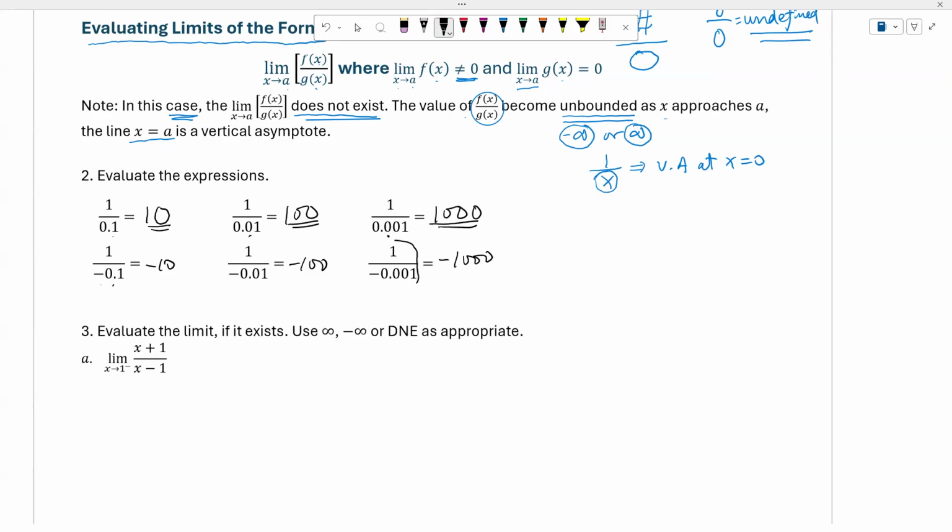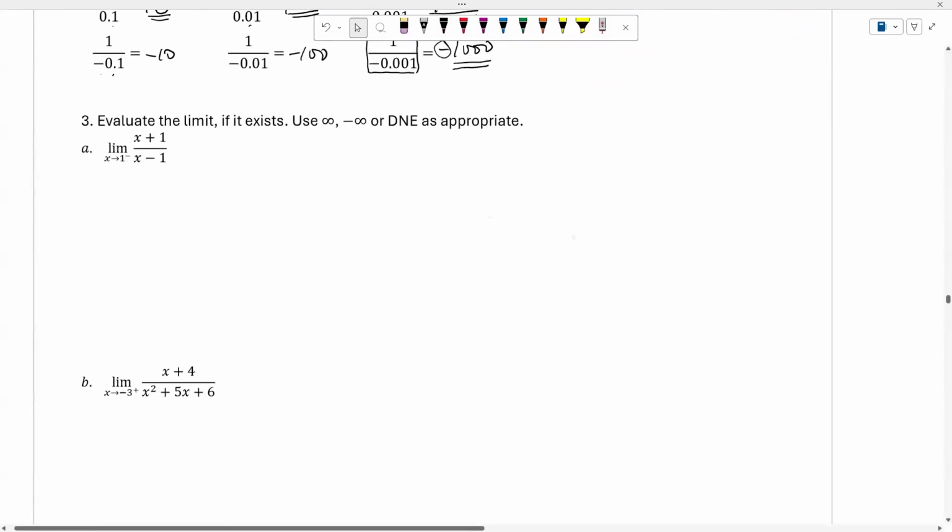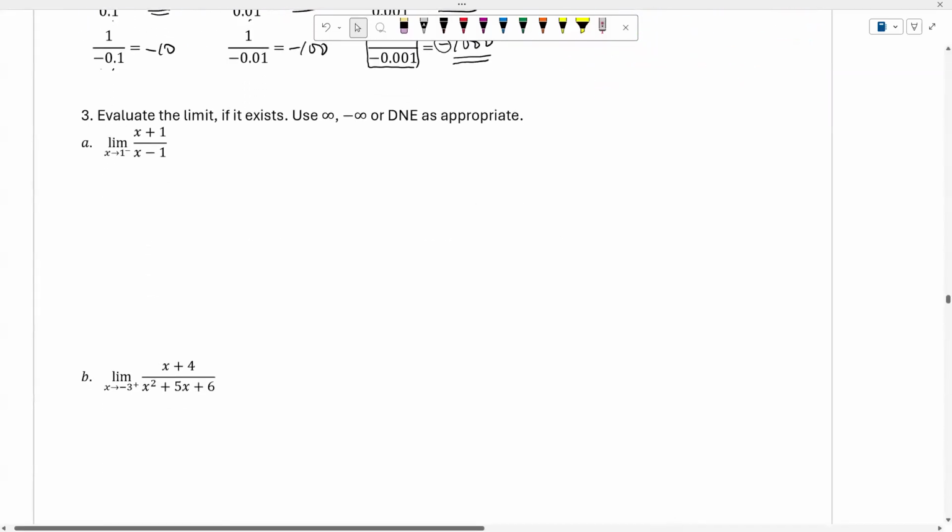So if this number right here is negative, then when I have 1 over a number getting closer and closer to 0, I will get a negative number, and the magnitude is getting bigger and bigger. Based on this concept, let's see how we can work out this problem now.